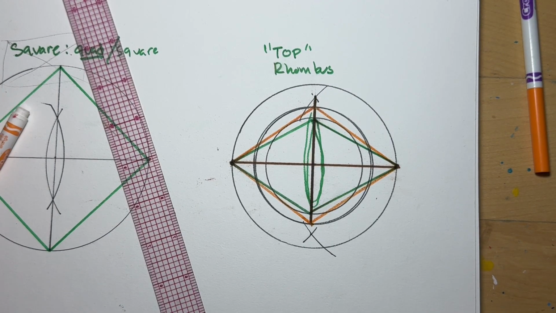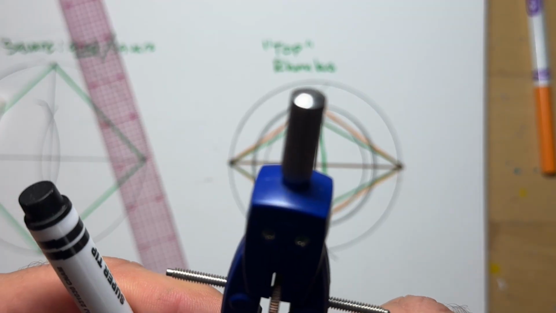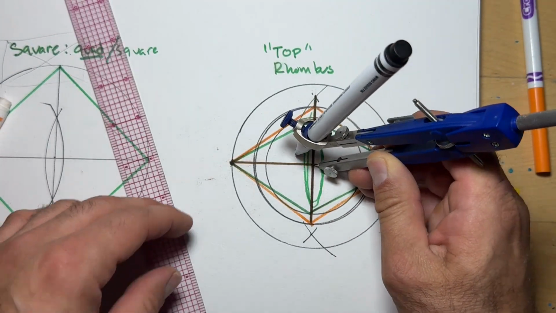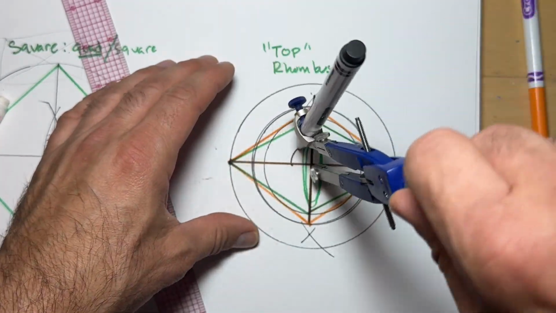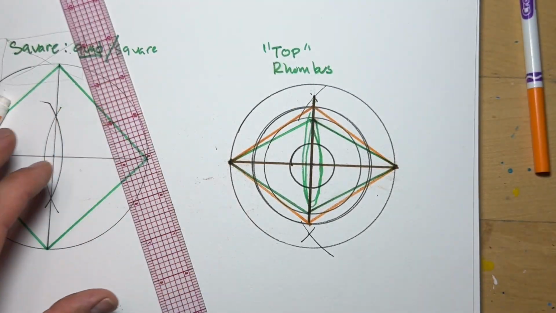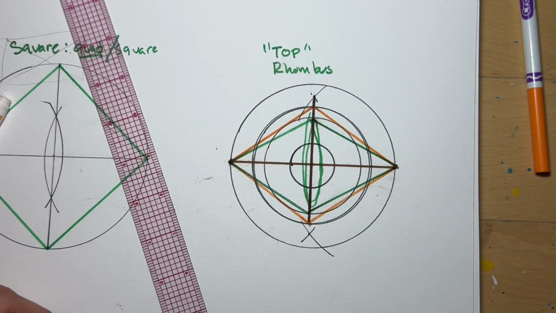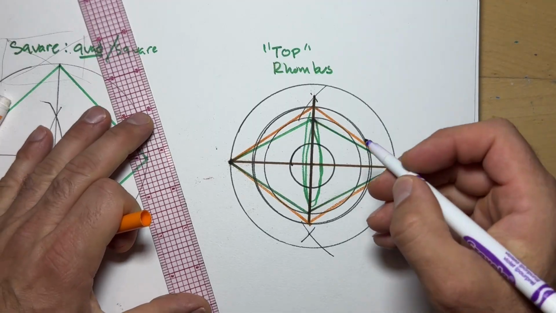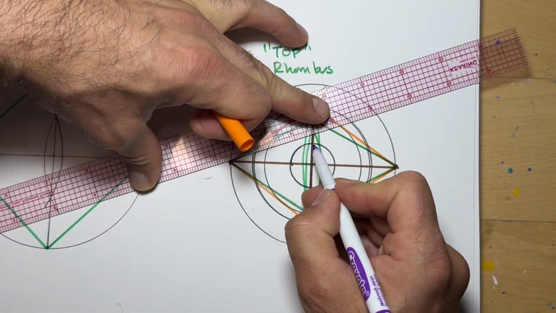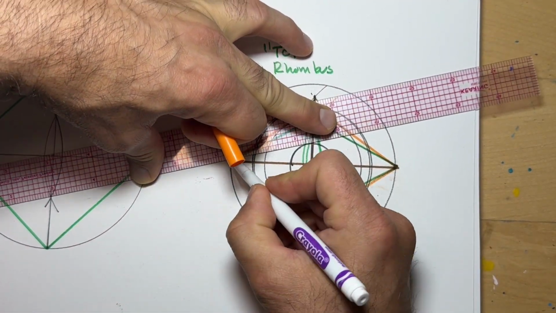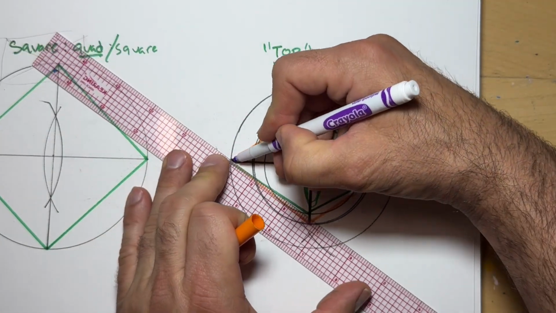Or if I make a very small circle, I'll just freehand this one. I'll use purple here. Oh no, I actually won't freehand it. I'll use my ruler.